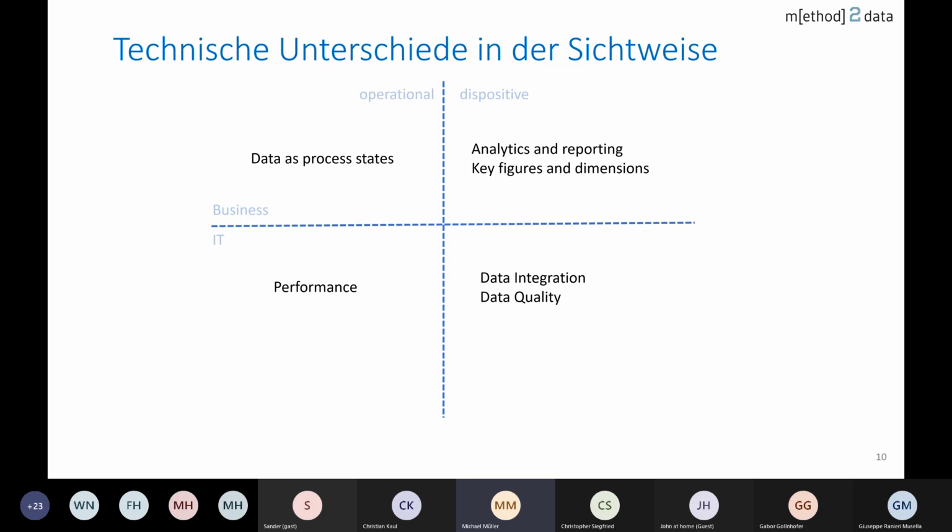I usually ask them, yes, it's okay, we do key figures, dimensions, no worries, but if we look at the underlying data, how does it work together so that you don't miss something on key figures and dimensions?